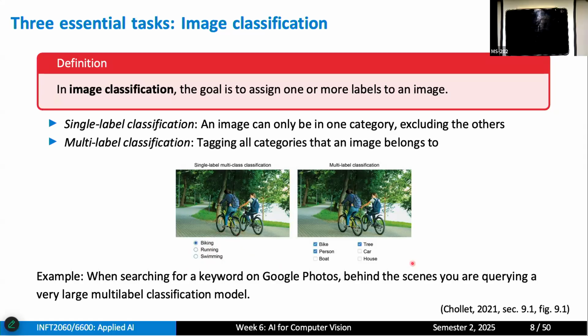But for multi-label classification, the labels you put are in different categories. We can identify the scenario from the bike, from the person's perspective, and also from the tree's perspective. They are in different categories. But you can't say that this person is actually a person with the bike and also with the car.